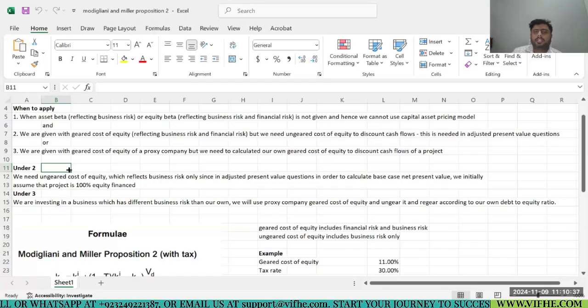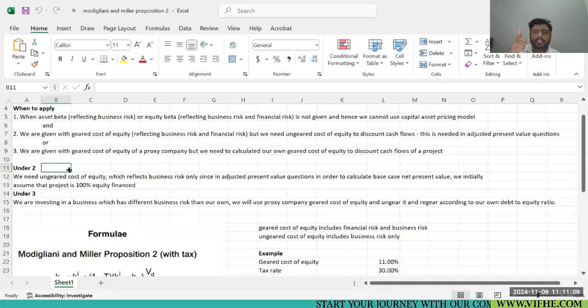Sometimes in a question, you are given a proxy company. You are given the cost of equity of a proxy company. Cost of equity of a proxy company will reflect its business risk and financial risk. Now you are making an investment in a project which is similar in business terms to what the proxy company is doing. So you need the business risk of the proxy company and your own debt to equity ratio for your own financial risk.